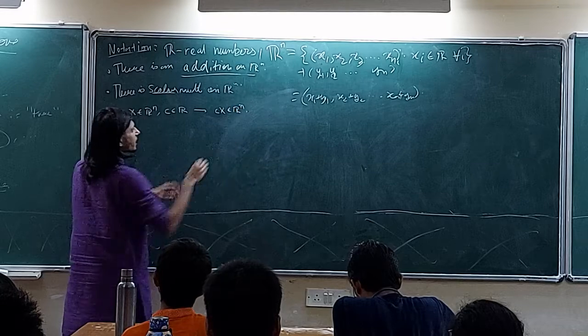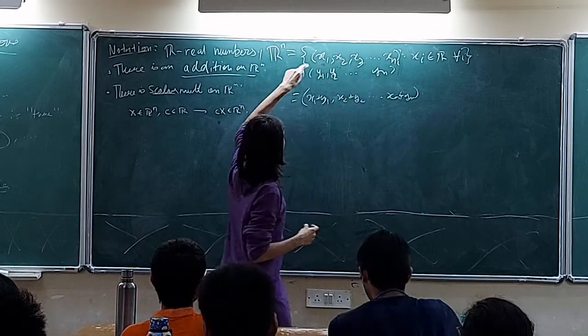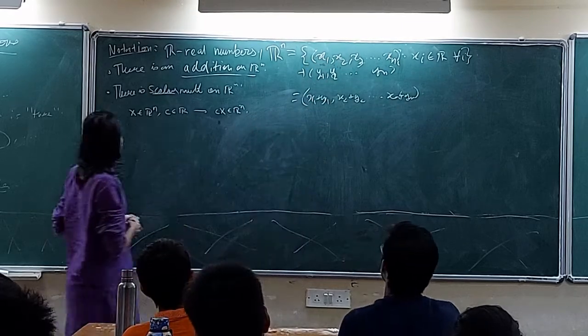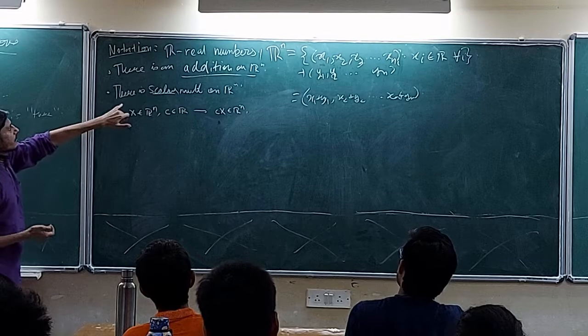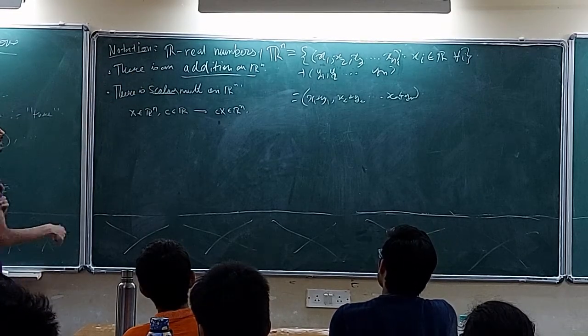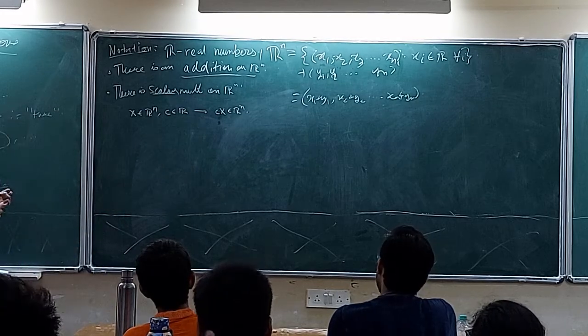How do you do that? Yet again, that goes component wise. So c times (x1, x2, ..., xn) is just (cx1, cx2, cx3, and so on until cxn). So there is a scaling available, there is an addition available, and there is some relationship between them. Obvious stuff like 2 times x is x plus x. So that's just distributivity.